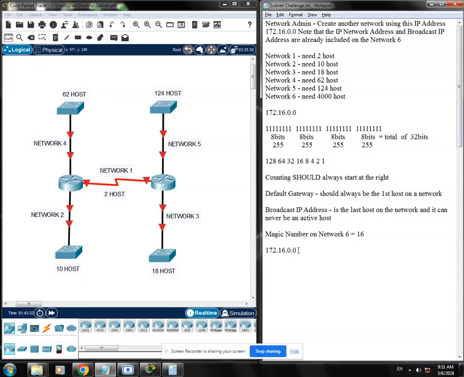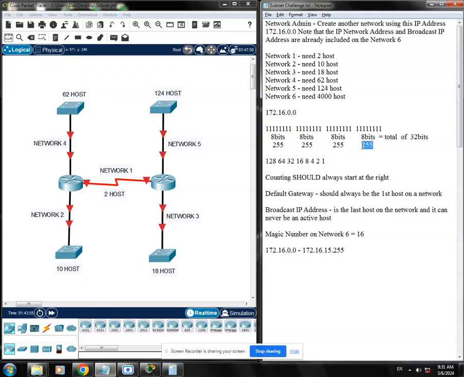So let us write that down. It's going to be 172.16, and then 15, and then 255, because this is the maximum number that we can put on this segment.